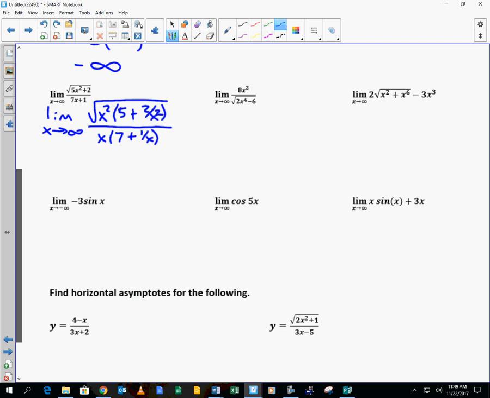Now, can you take the x squared out of the radical? And what does it become? It becomes x. Now what can you do? What happens to the x's? They cancel, right? 2 over x squared, 1 over x.